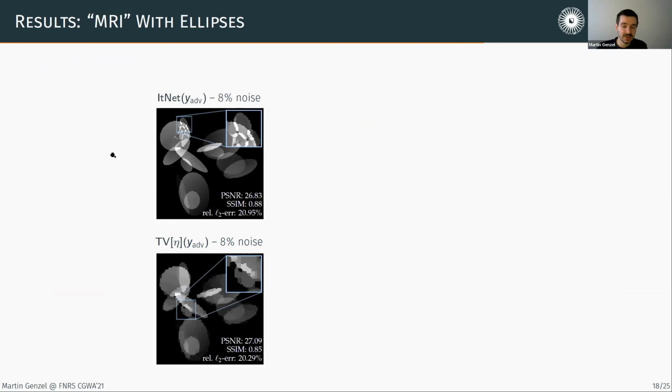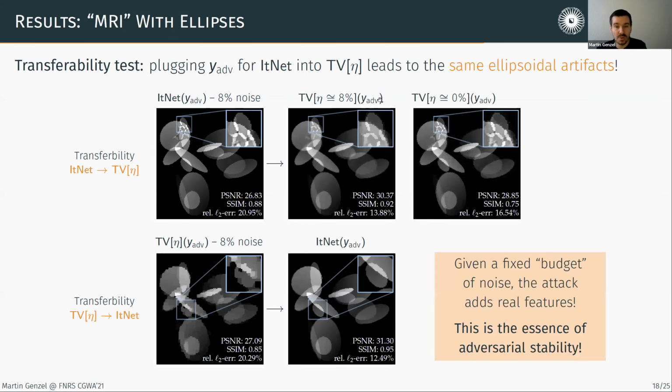What we did here is to compute some perturbation, some attack for the iterative network. What happens if we plug the same perturbation, the same measurement, into TV minimization? You can clearly see that actually the same artifacts, the same features appear with this method as well. It's a completely different approach. It's model-based, but you can clearly see the same picture.